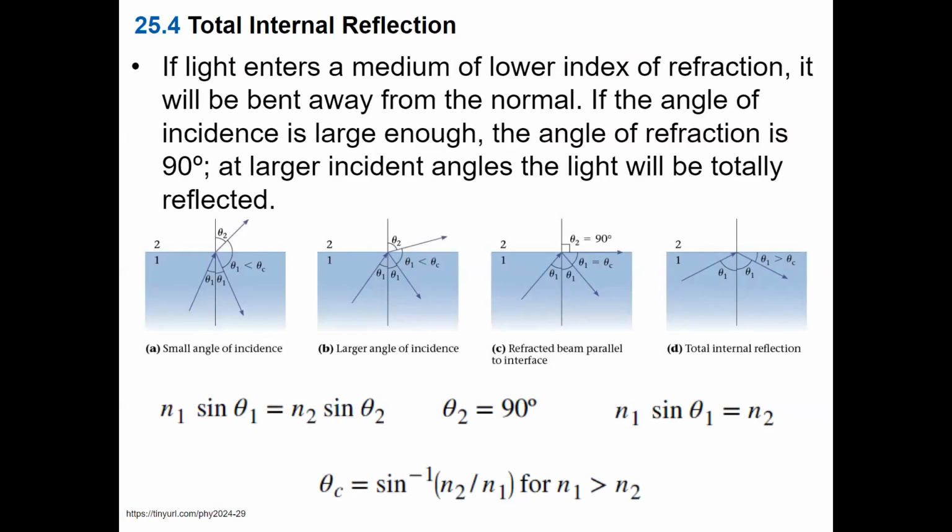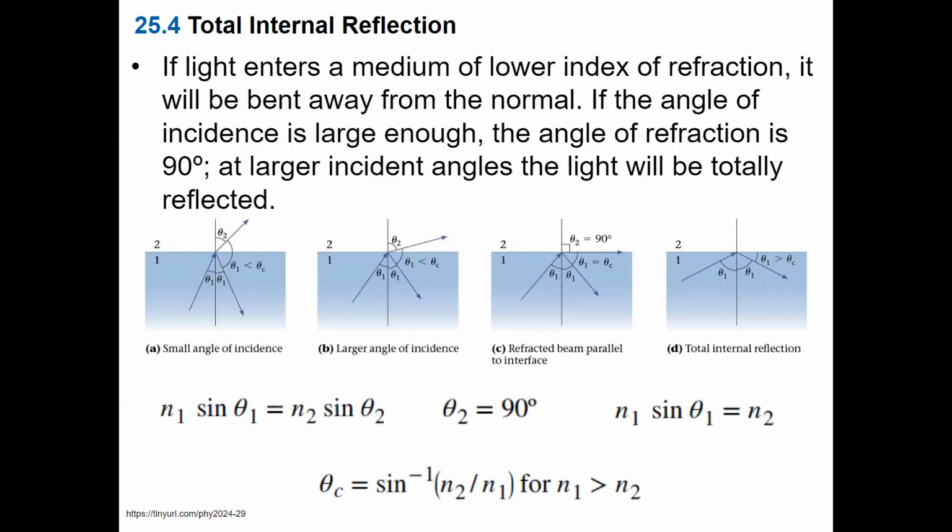At a certain point, when the incident angle is great enough, theta 2 is going to reach 90 degrees first. After that, the light will not go through the second, thinner media. It will undergo total internal reflection, so it will just reflect back into the media itself.